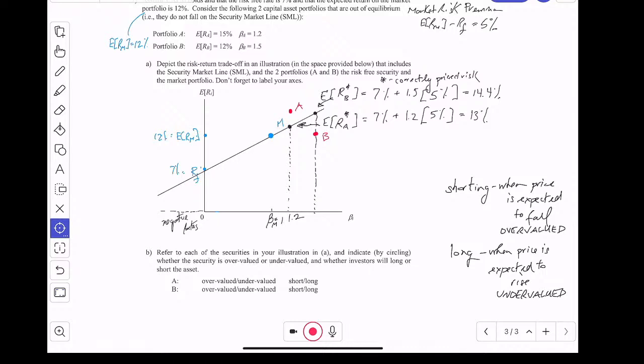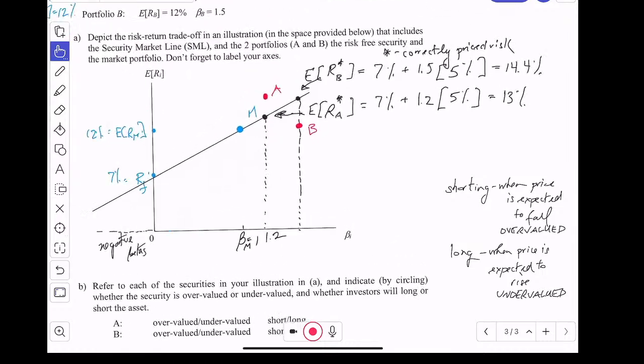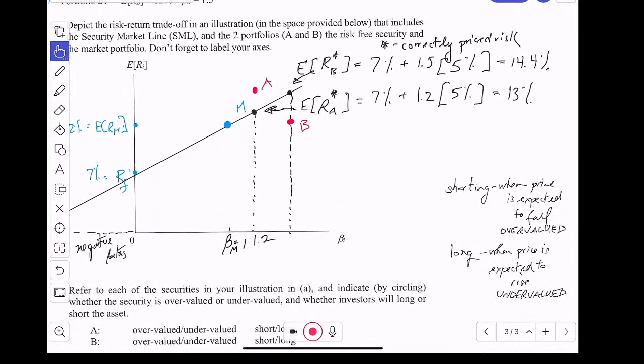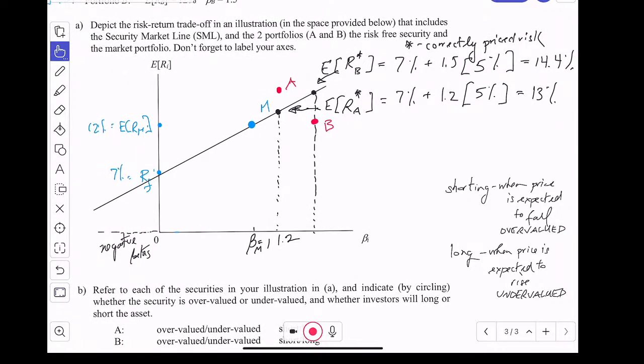Let's look at A. For this level of risk, investors are currently having this expected return.